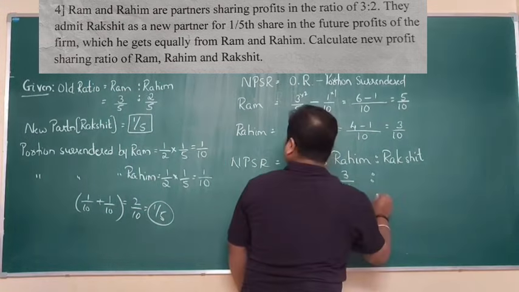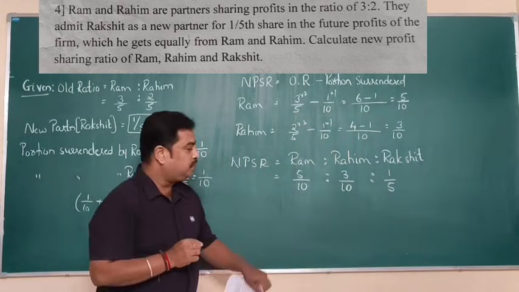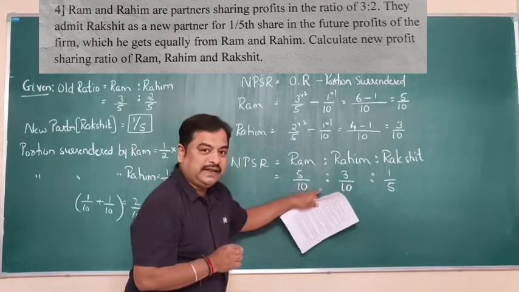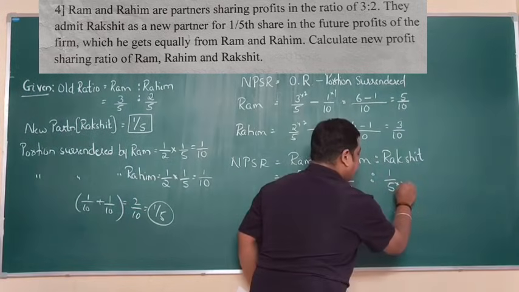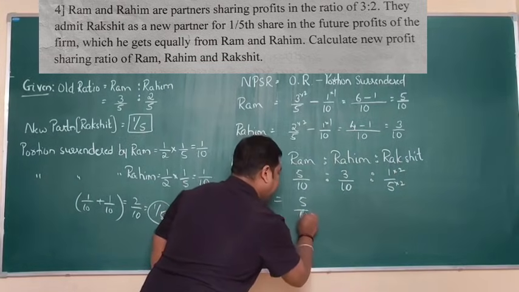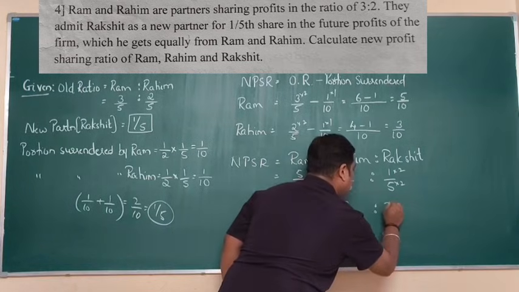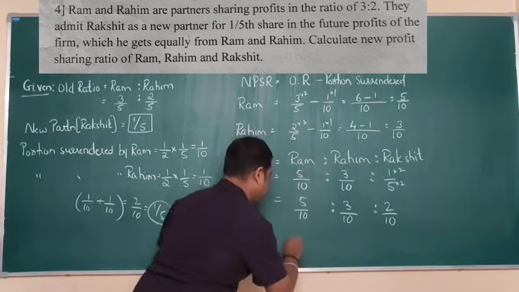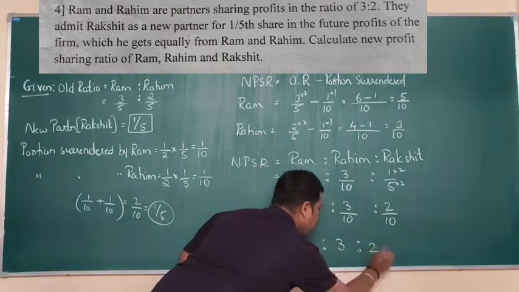And Rakshit, it is 1 by 5. If you observe, both denominators are 10 here. Now to make this 5 into 10, multiply this into 2. 5 by 10 is to 3 by 10 is to 2 by 10. So final answer 5 is to 3 is to 2.